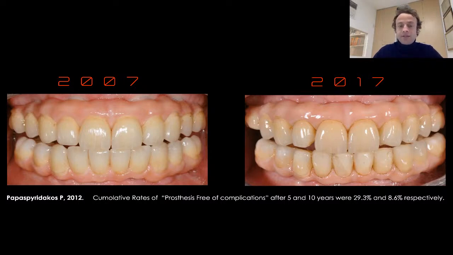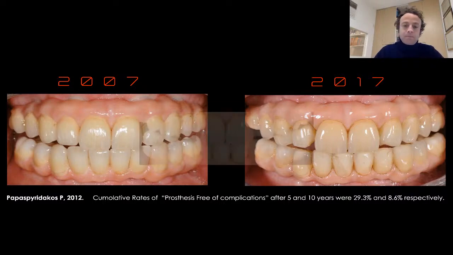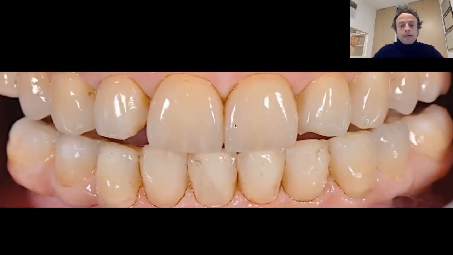We have a nice survival, but not a success, because we can see how here we had many chippings. And probably in this patient some chippings could also happen in the next years. Here you can see in high magnification exactly what I mean: many chippings everywhere, both in the anterior and in the posterior segments.